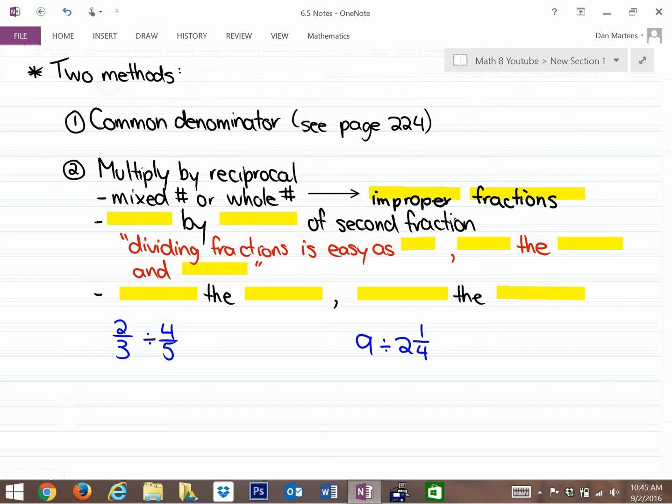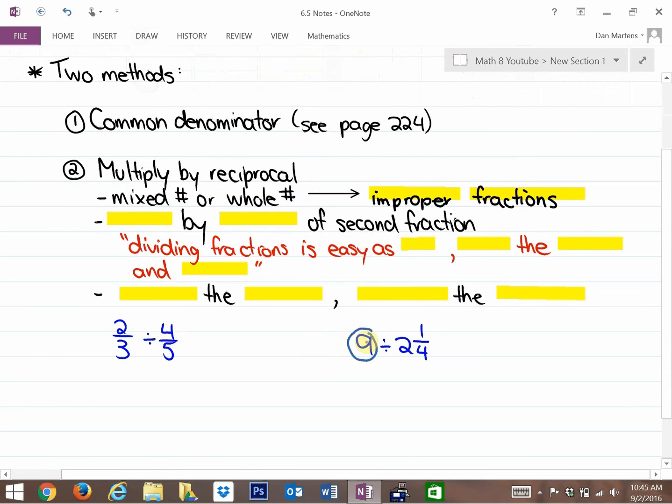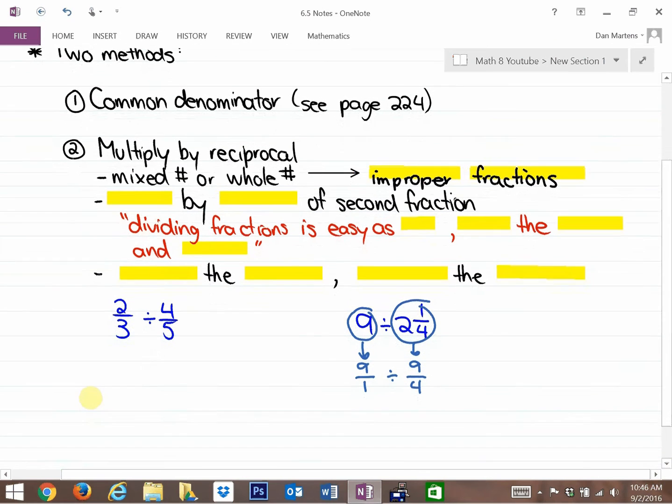The same rings true for dividing fractions. So the whole number 9 as an improper fraction is 9 over 1, and the mixed number 2 1/4 as an improper fraction is 9 over 4, because it's two groups of 4 plus 1. So that's the first thing you do.